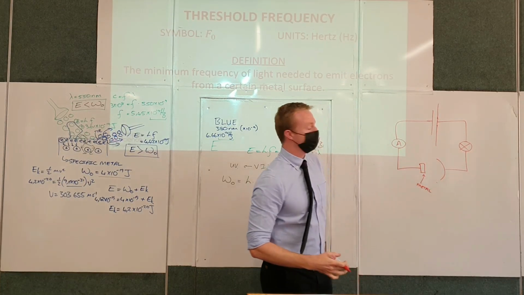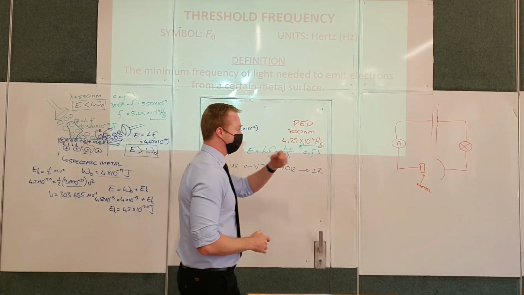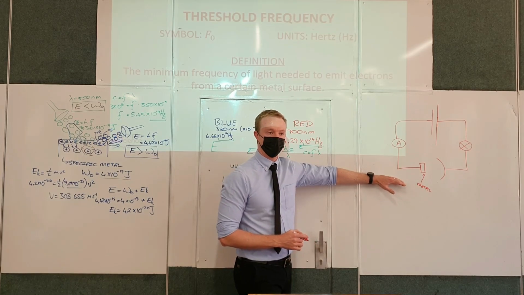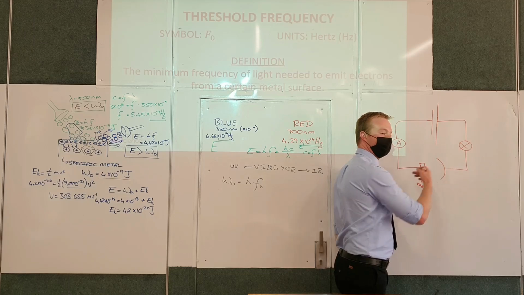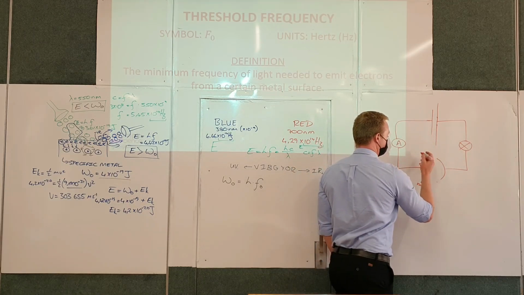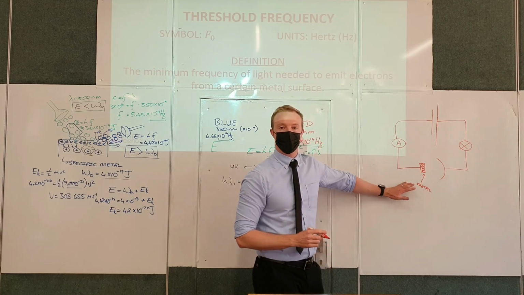As you can see on this circuit over here, no electrons or no current is currently flowing. The reason for that is we have an open circuit. There is no way for the electrons to jump across here. The negative terminal of the battery over here means that we are going to have a buildup of electrons on this metal surface.